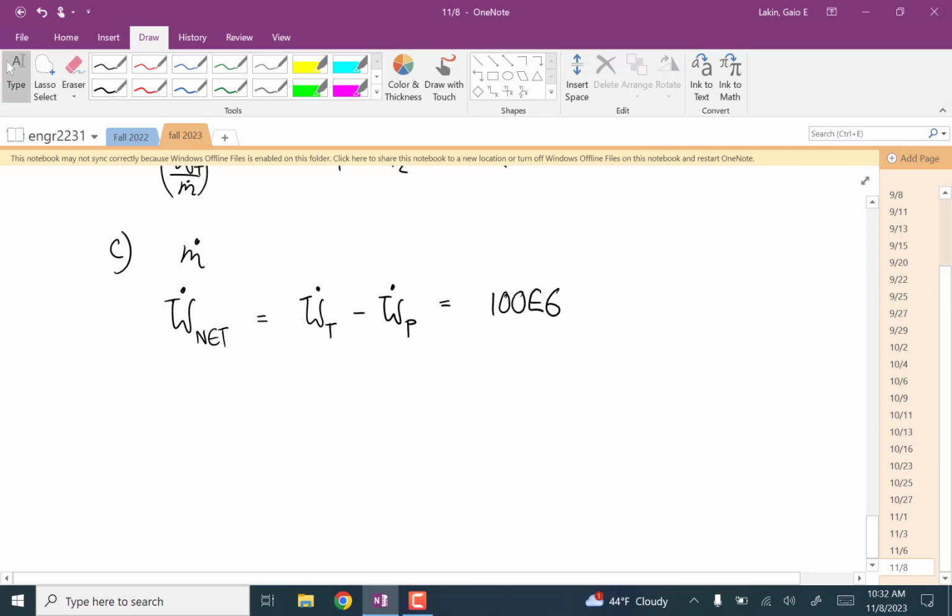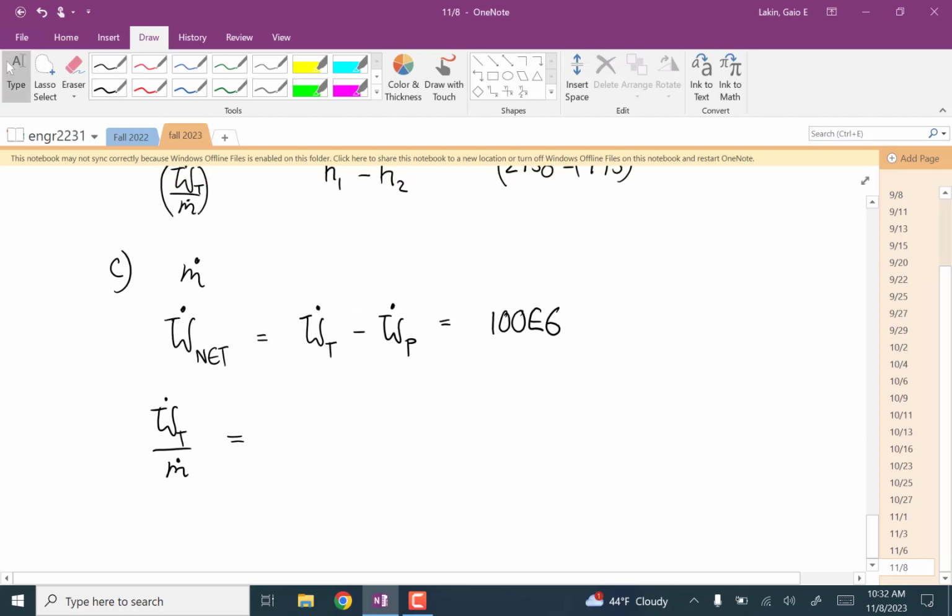We know that W dot for the turbine over M dot is equal to H1 minus H2.